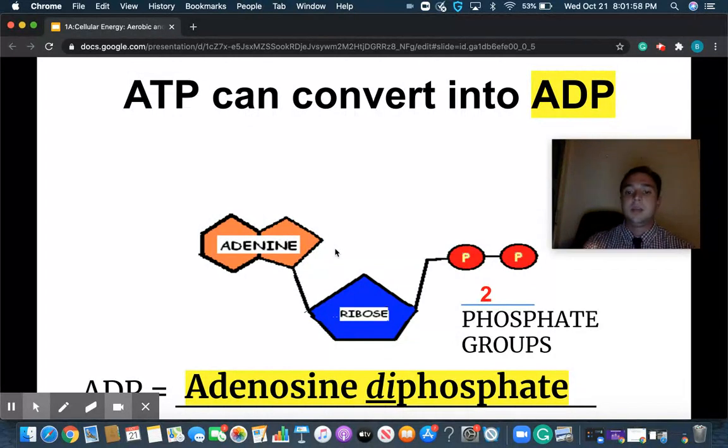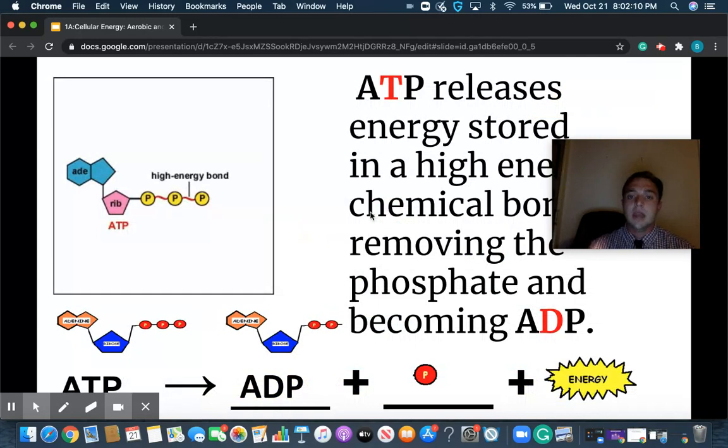So ADP, or adenosine diphosphate, is the conversion form of ATP when the third phosphate group is lost and the chemical bond between those two atoms is broken. So again, ATP releases a large amount of energy stored in a high energy chemical bond between that second and third phosphate. And it does this to allow the cell to use this energy for other cellular processes like we talked about, either mechanical, chemical, or transport work.